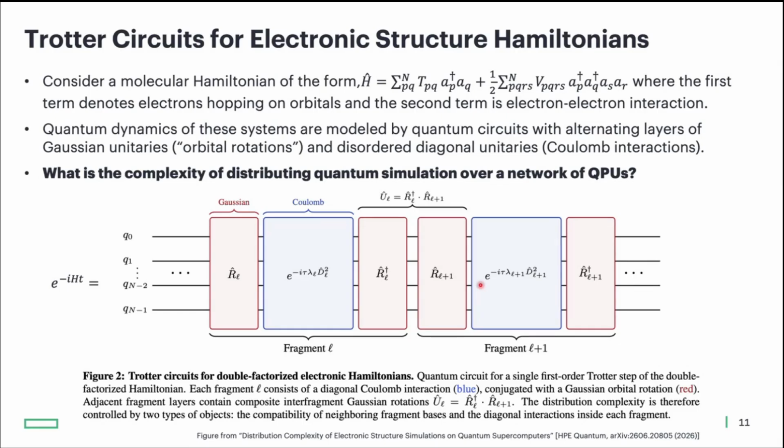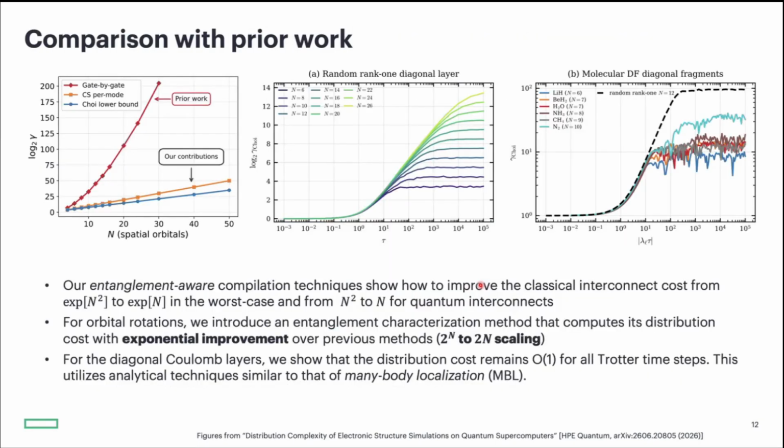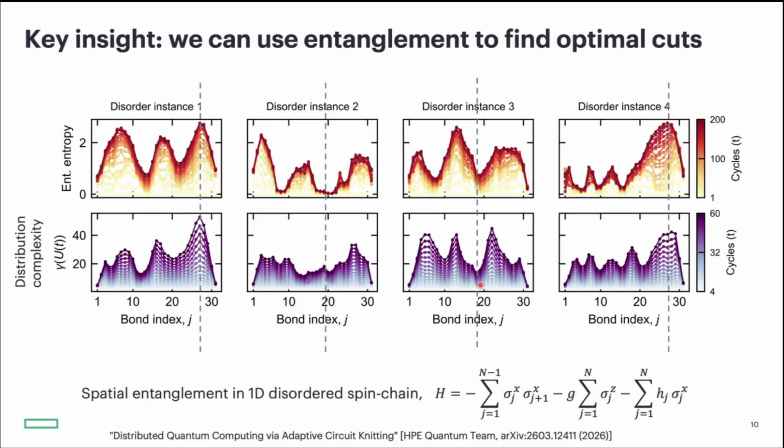Not everything should be represented in some gate by gate way, and you're losing all the structure of the problem when you do that. But in most cases, in particular for these disordered systems, tensor networks allow you to simulate them to really large times. And so the better your classical simulation techniques, the better you can track your entanglement boundaries, and the more it informs you where to distribute your circuit.